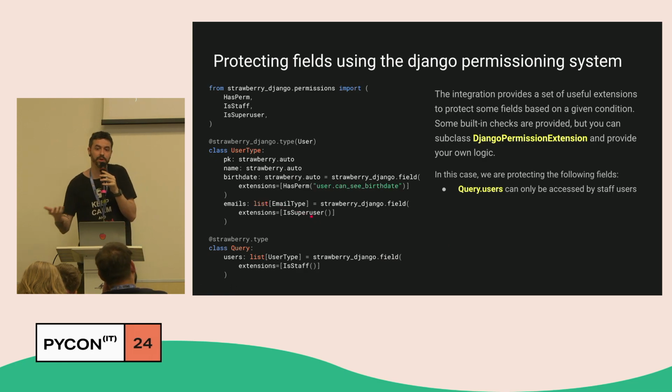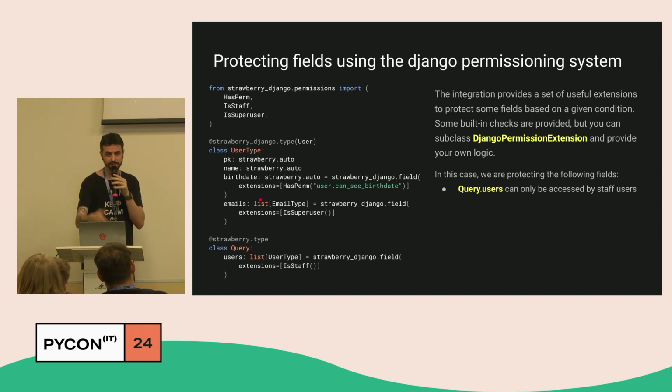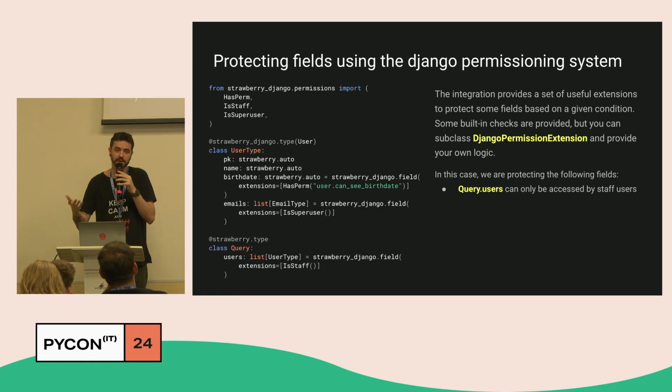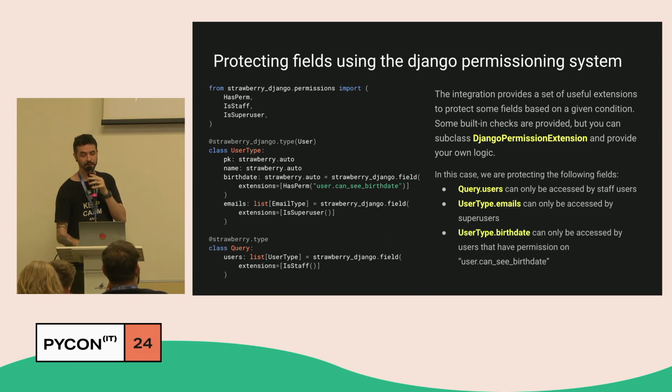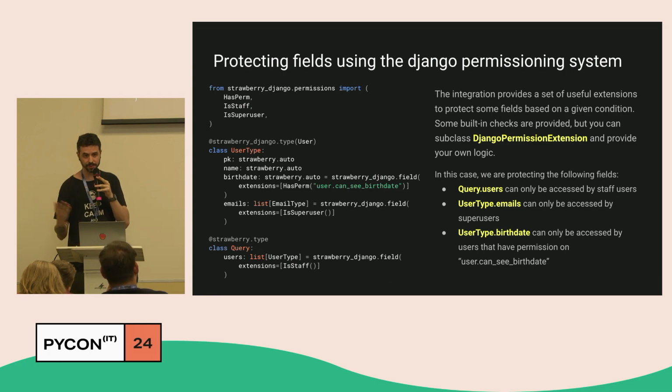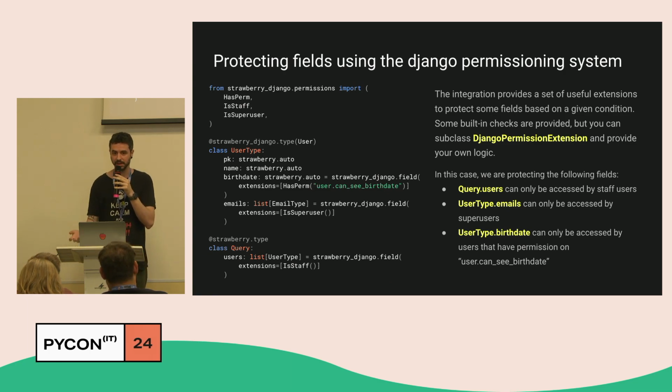In this case, just super users. So even though the staff can get a list of users, they can't see the user's emails in this scenario. And also the birth date. Who can see the birth date? Whoever has this can see birth date permission, which is basically a custom permission created for Django. But you can always use the ones that are already created by Django, as they create, I think, 4 by default for each model.